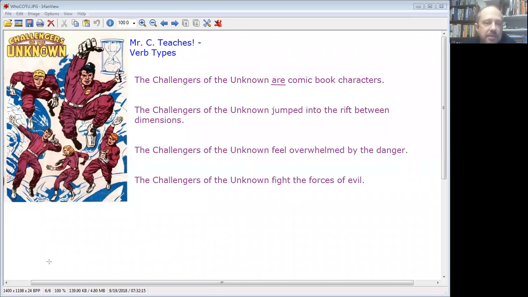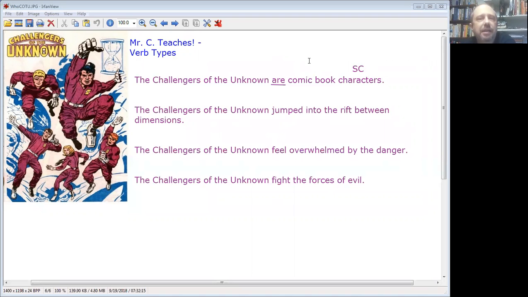The subject of the sentence is the Challengers of the Unknown for the complete subject. So comic book characters is the subject complement. Now to be specific, characters is the subject complement. Comic and book are kind of like adjectives in this sentence. You know, English does that sometimes to words, makes them do things they're not normally doing. Book is not normally an adjective, but in this sentence it kind of is.